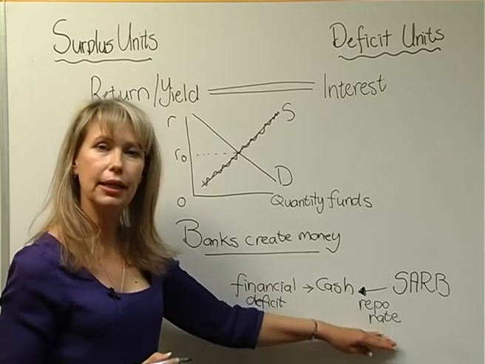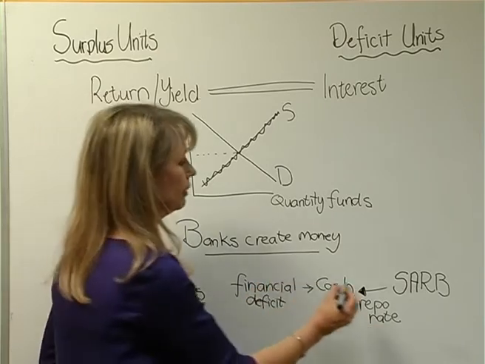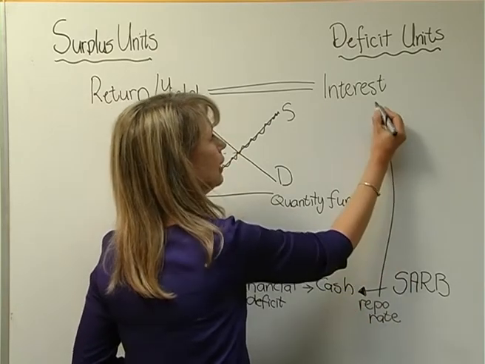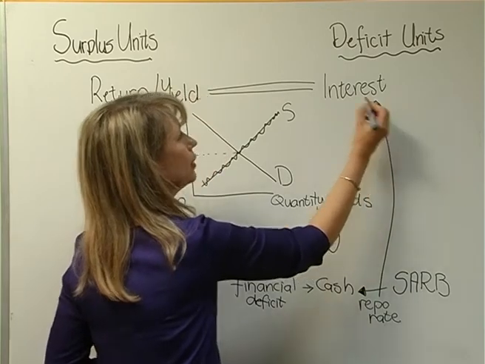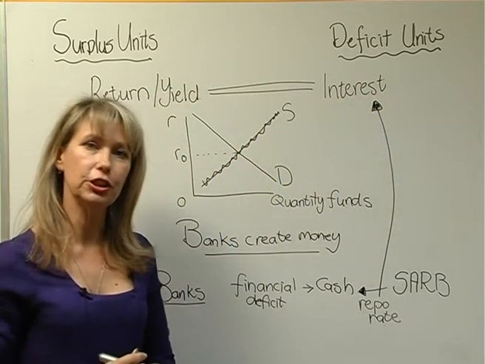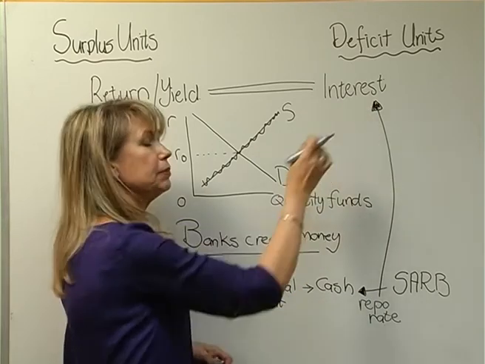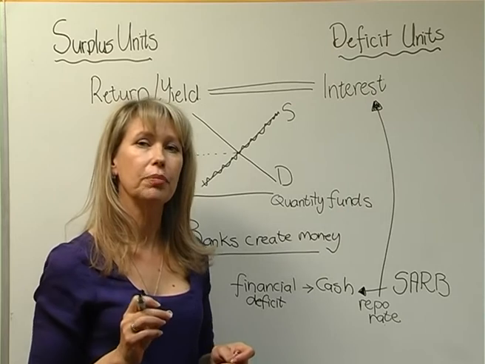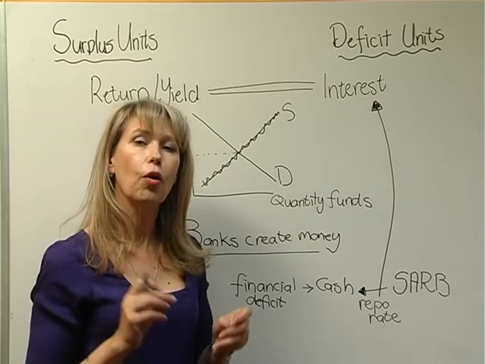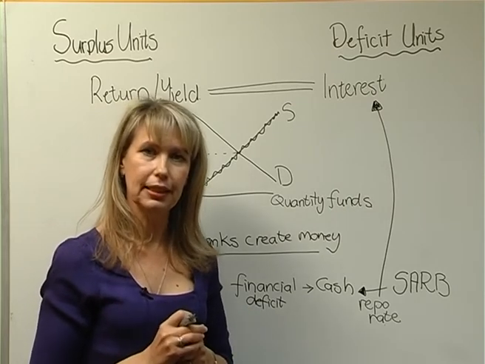And that repo rate is going to determine the interest rate at which they are willing to lend funds to the deficit units. And therefore, this repo rate is the base interest rate in the economy that determines the level of all other interest rates in the economy.